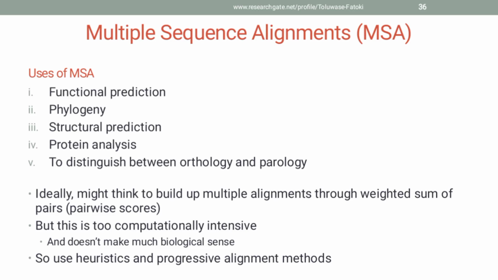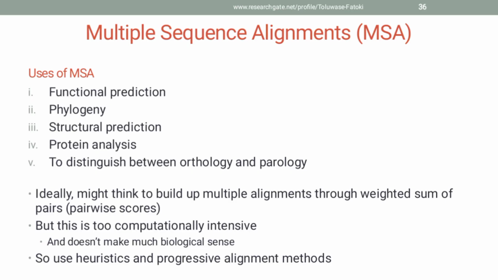RNAs have their own structure, so you can align the RNA sequence and then the RNA structure to determine their functionality. Also, based on the phylogeny that you constructed, it can help to distinguish between orthologs and paralogs.